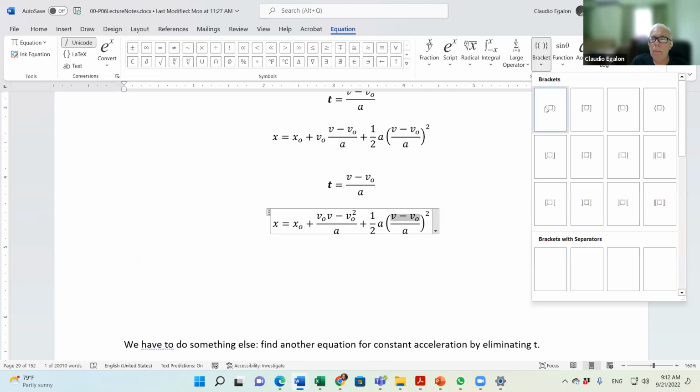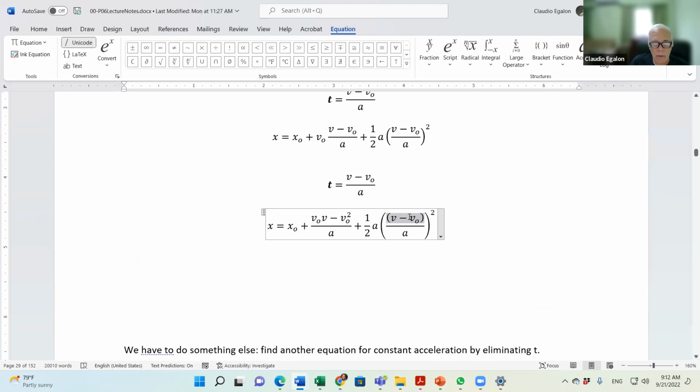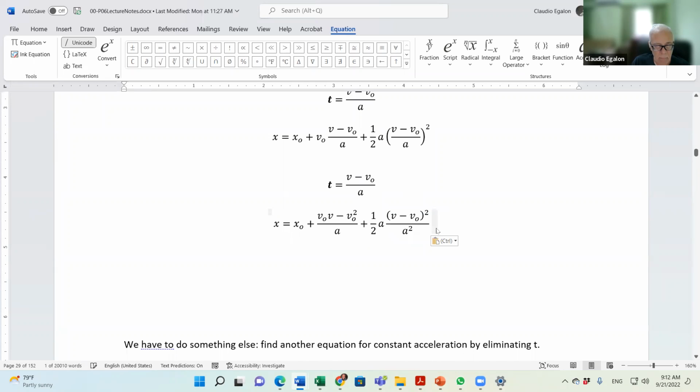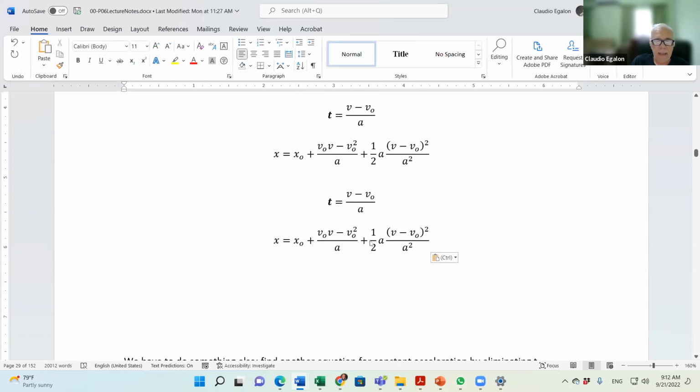I'm going to distribute the power, right? The square power here. The a is going to become squared. What's the next step? The next step is going to be to cancel this a with this other a.